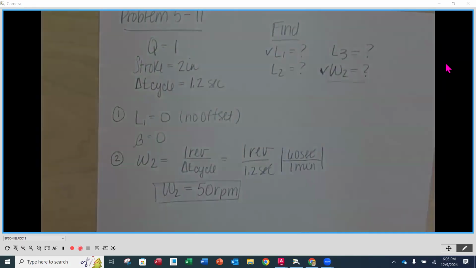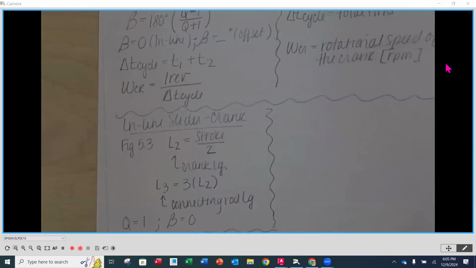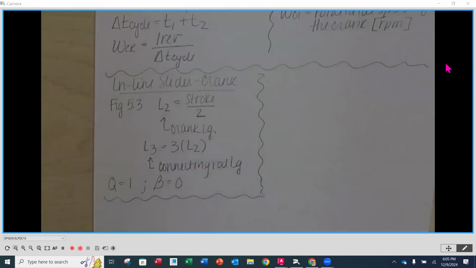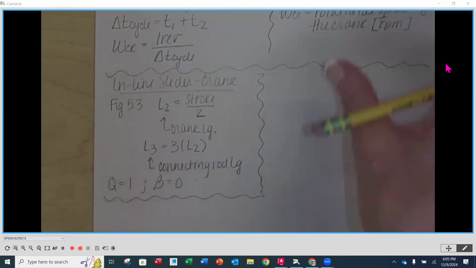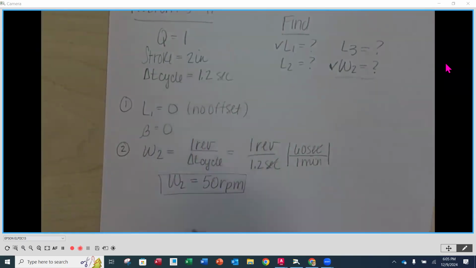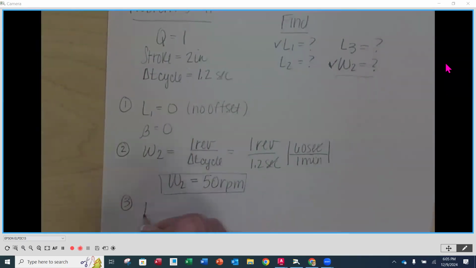So the only 2 that we have left are L2 and L3. If we go down to that little section that we just created, the inline slider crank section, L2 is going to be half of the stroke. We know what the stroke is. Stroke is 2. So step number 2, L2 is equal to stroke divided by 2.